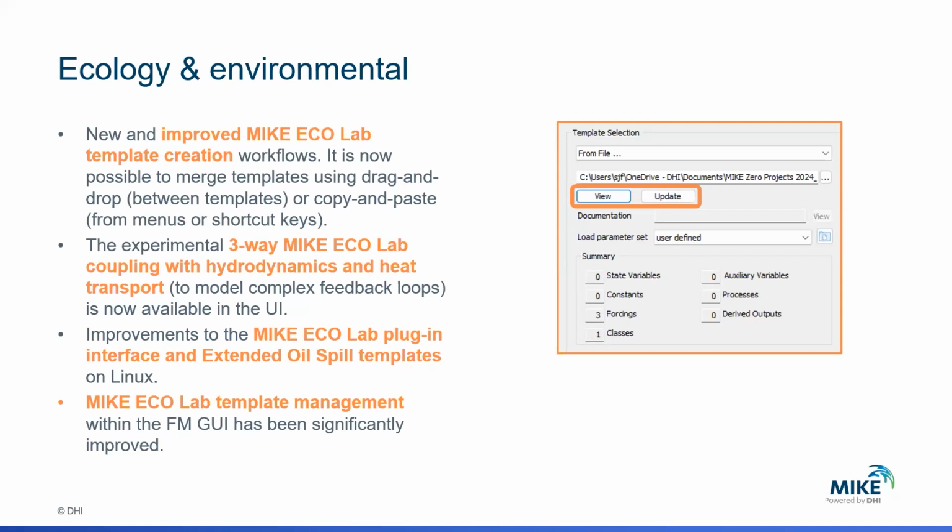We call them snippets. So you can build up a library of these small processes in Ecolab that you can import into future templates, or you can simply drag and drop or copy and paste auxiliary variables between templates, and they will drag along with them all of the processes, calculations and variables that particular function needs.